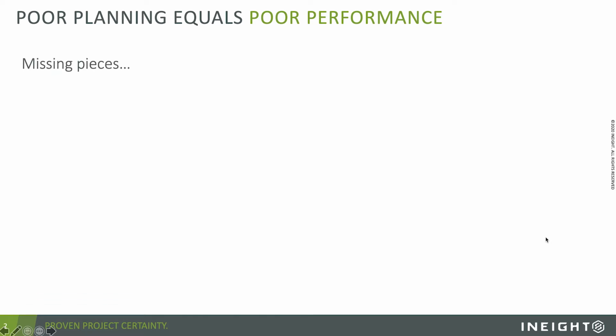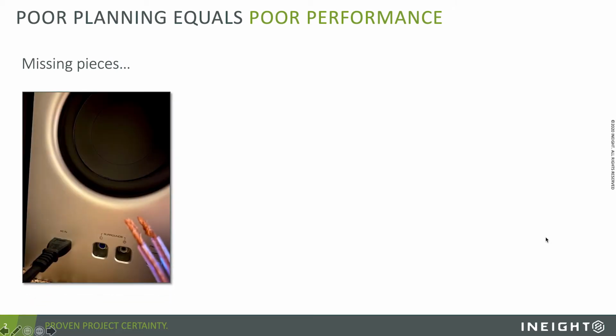And then work began, and we ran into some missing pieces. First and foremost, the surround sound that we ordered didn't really work with the wiring that was already in the house. You can see that the modernized plugs for the audio cables did not really line up with the two-pronged approach of the wiring.